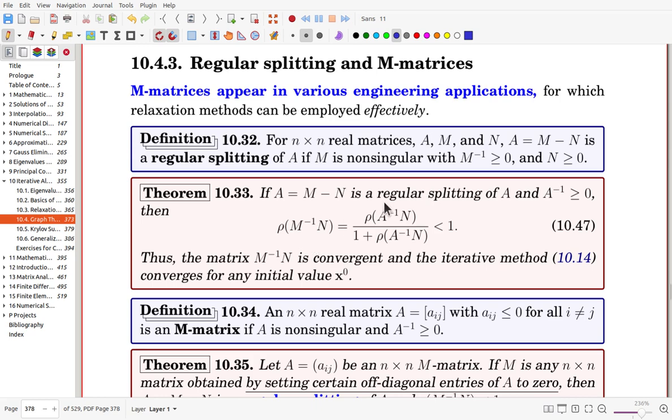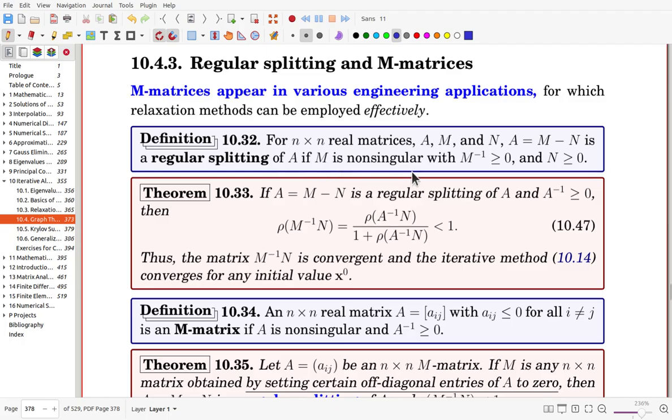Okay. For real matrices, in reality, in engineering applications, mostly the matrix is real. The splitting A = M minus N is a regular splitting if we have these two conditions.